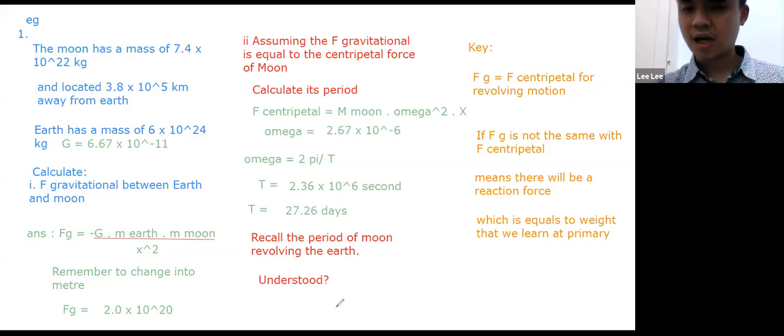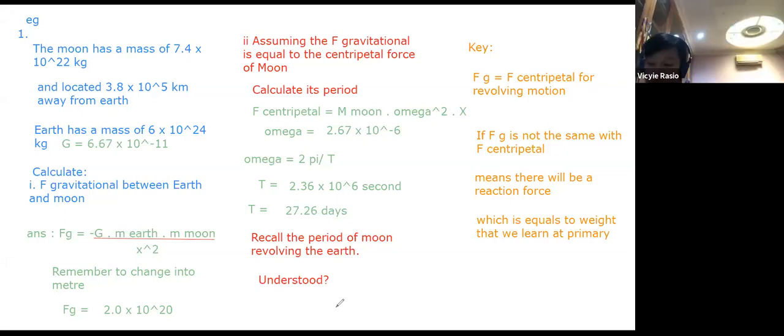Next one, I ask you to assume the gravitational force is the same as the centripetal force of the moon. Calculate the period of the moon. You know the moon is revolving around the earth, right? As I taught you last meeting, the centripetal force formula is m times omega squared times x.